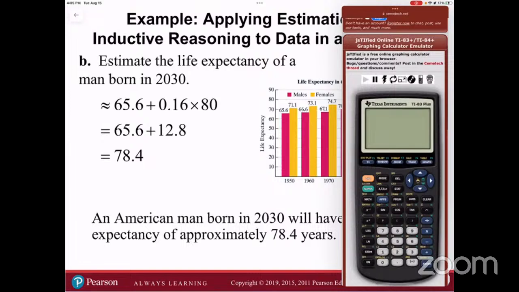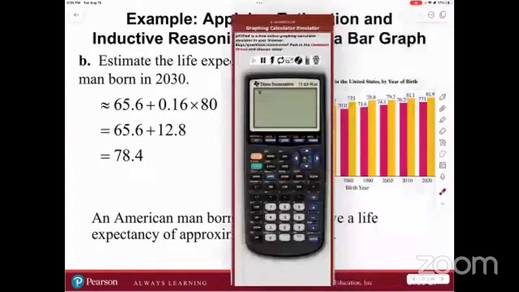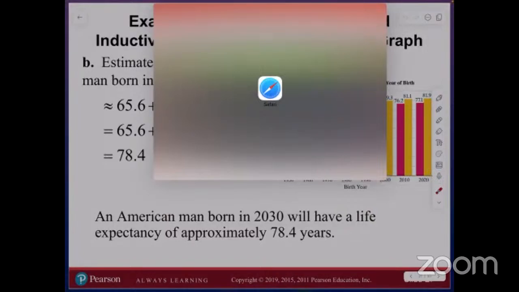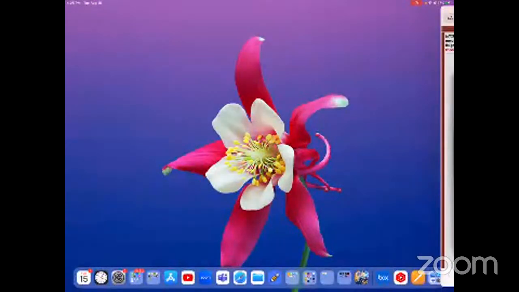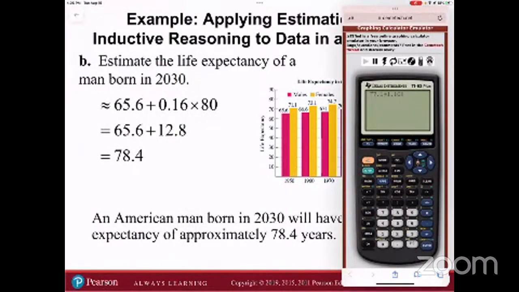So what we were suggesting, we took the 77.1, and we said times 1.16. Let's see, what do we get? Every 10 years, right? 78.4.